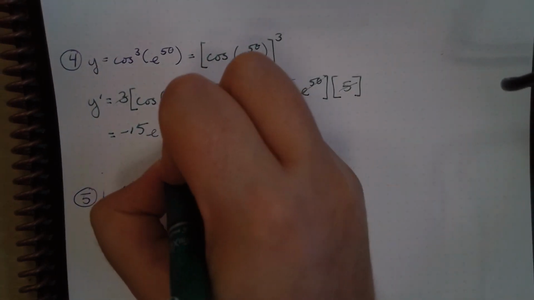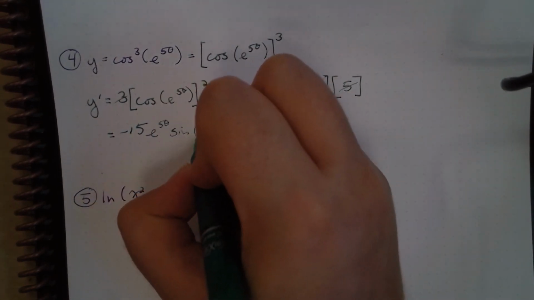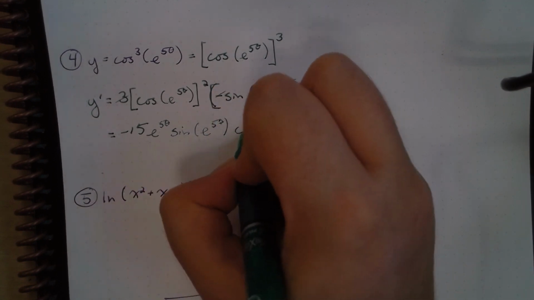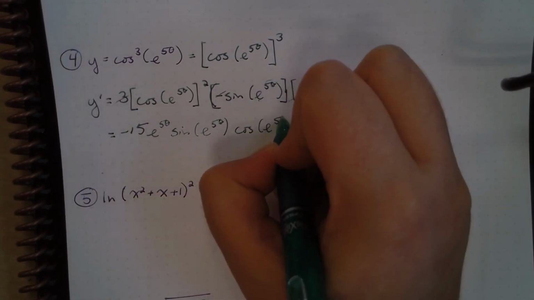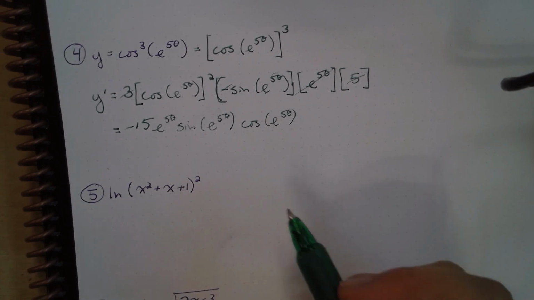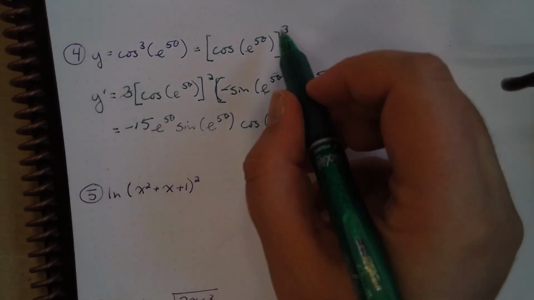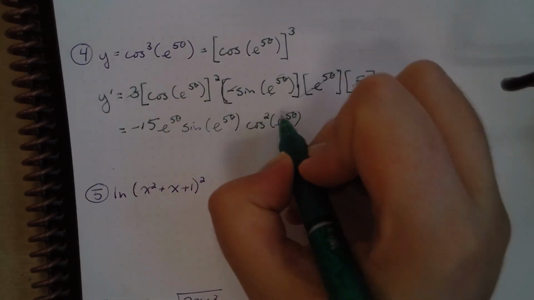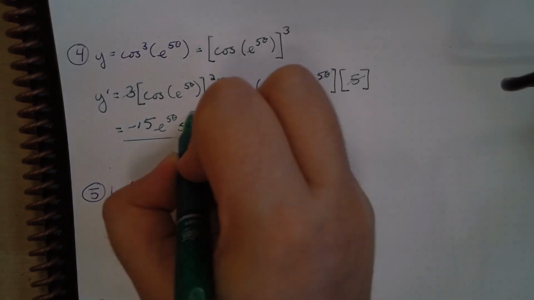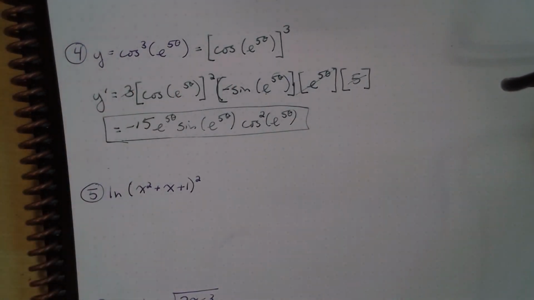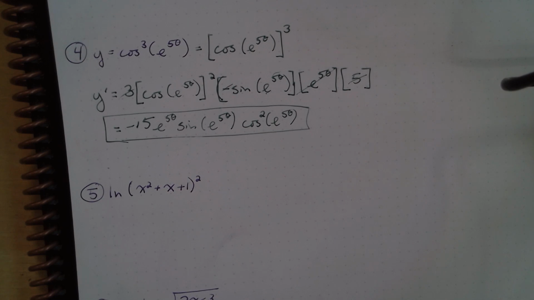Good. And then how about sine of e to the 5 theta cosine of e to the 5 theta. And of course, it doesn't really matter. Cosine squared. Ooh, almost missed that. It doesn't really matter what order you write these in, but I guess as mathematicians, we like to make things look as neat as possible.